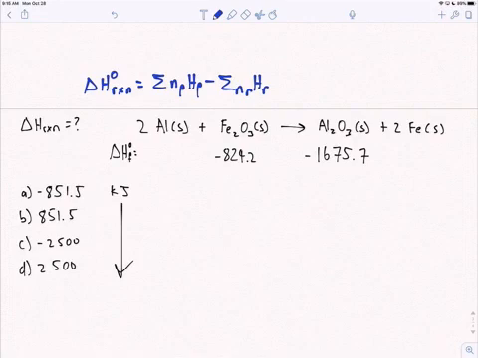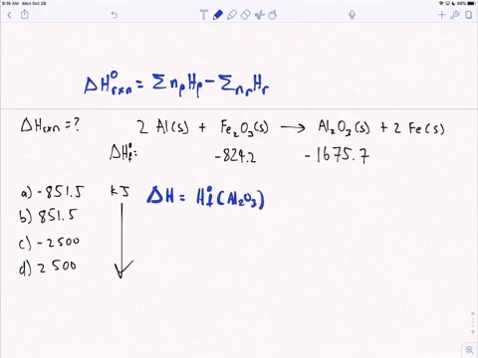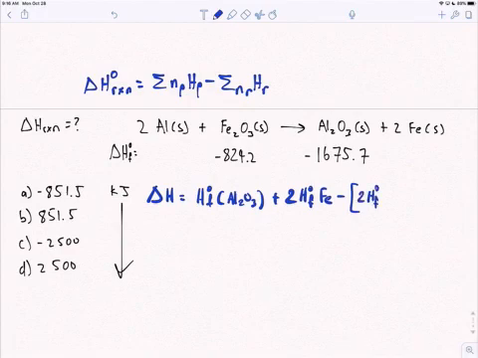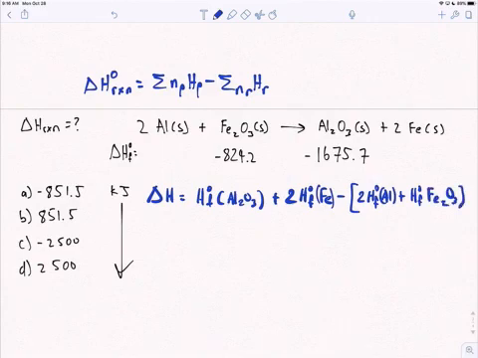So it's the products, the right side. It's going to be times 1 plus 2. These are the products.